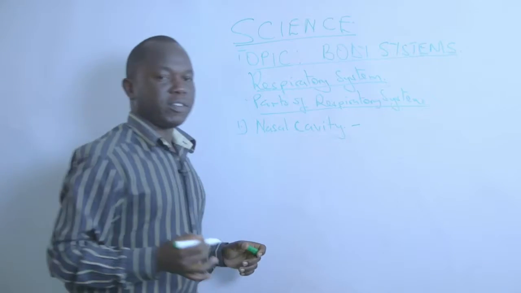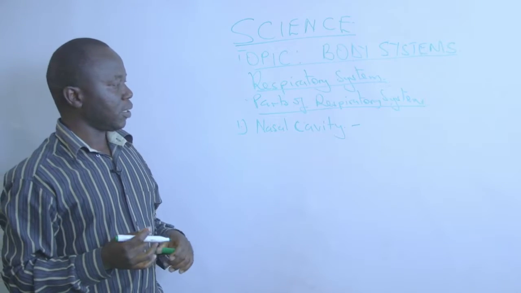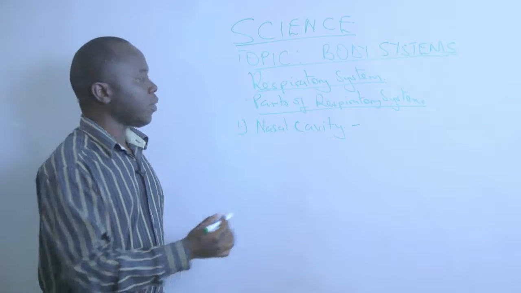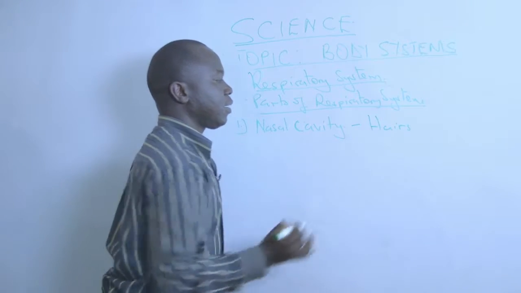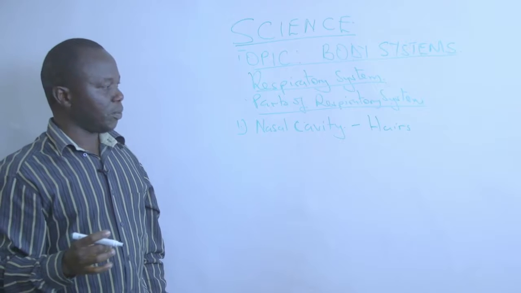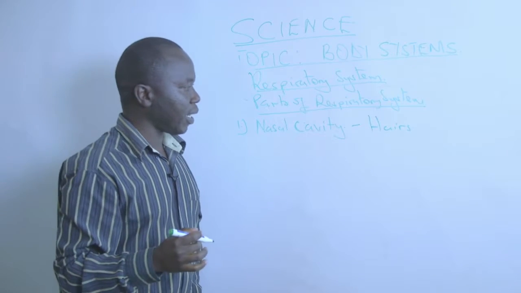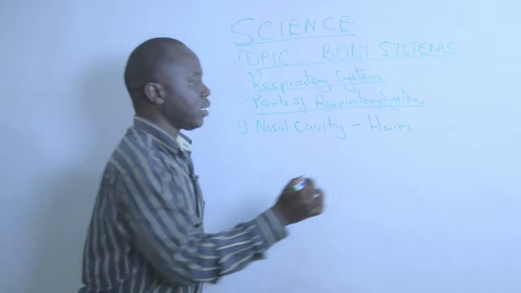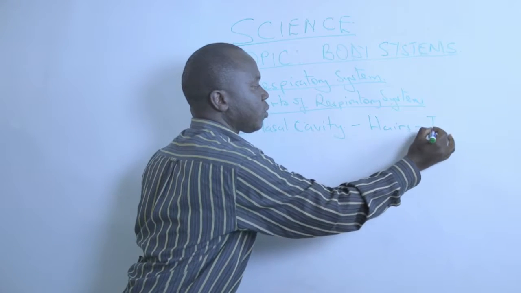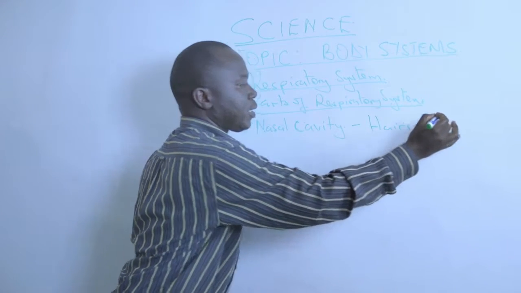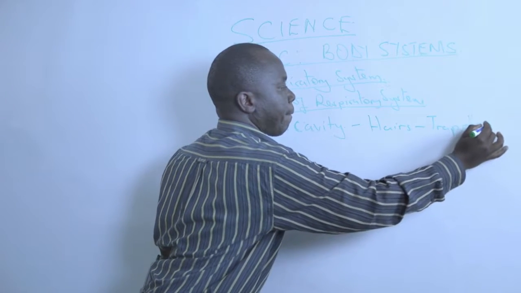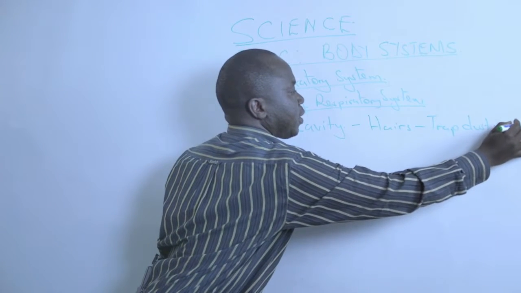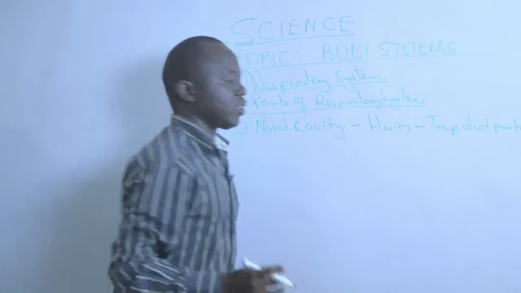In the nasal cavity, especially in aged people, you realize that it has small, fine hair-like structures. The role of the hairs is to trap dust particles.